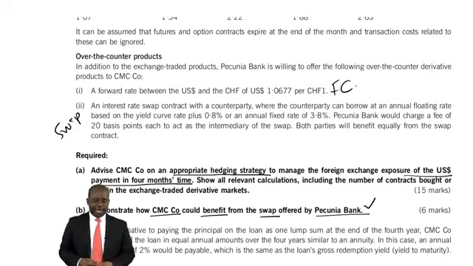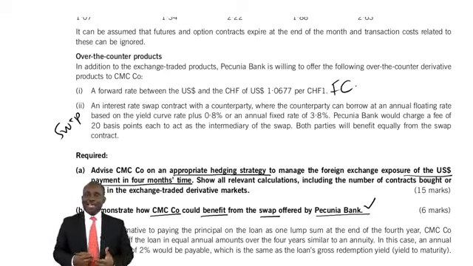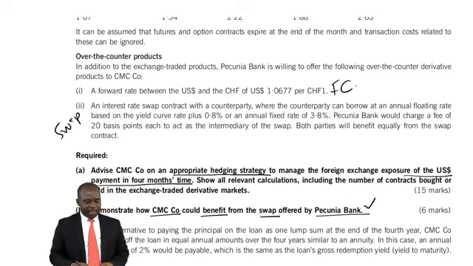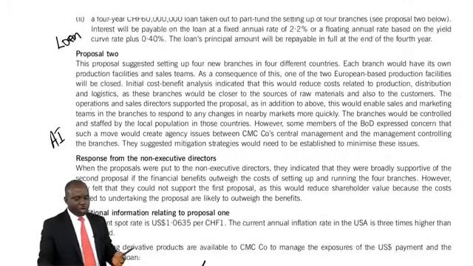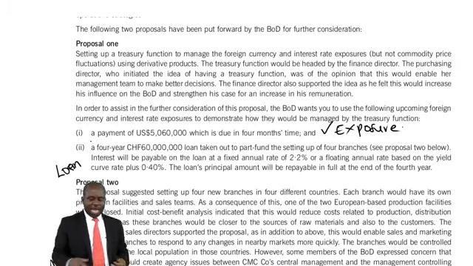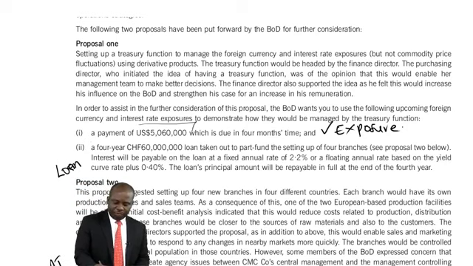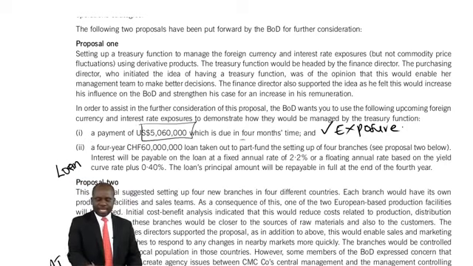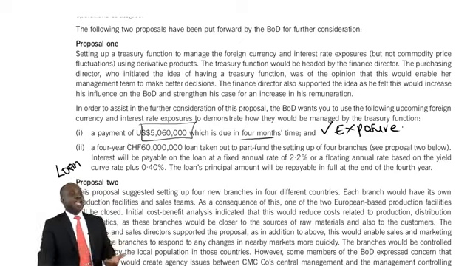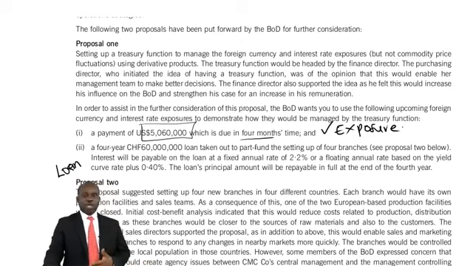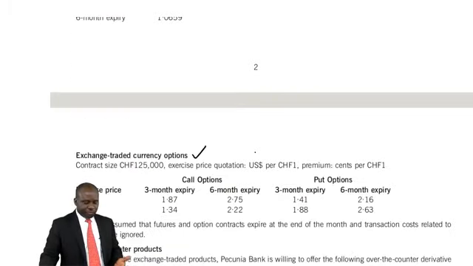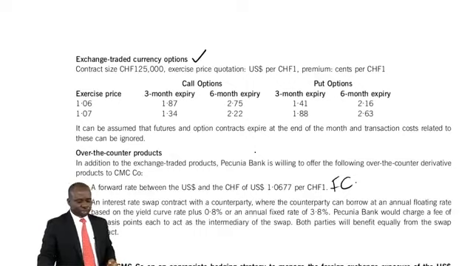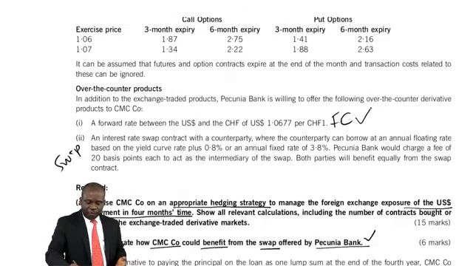The A is saying we should come out with a hedging strategy of how to protect against the dollar payment in 4 months' time. So based on this question scenario, we have realized that our dollar exposure is to make a payment of 50-60 in 4 months' time. And what hedging strategies can we use as a way of managing this? If I come to the question, I see currency futures, I see currency options, I see forward contract.